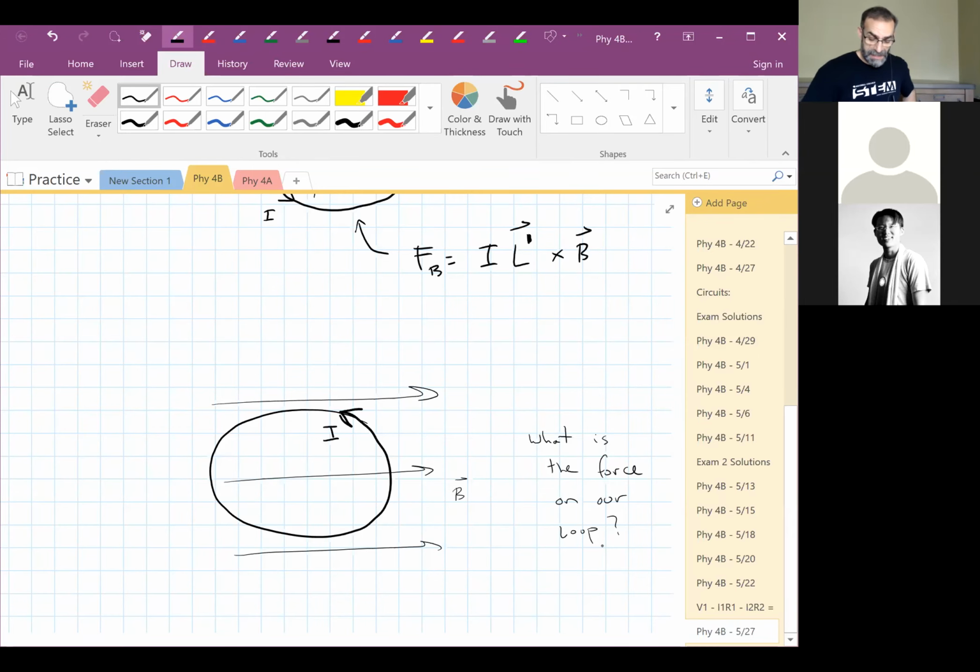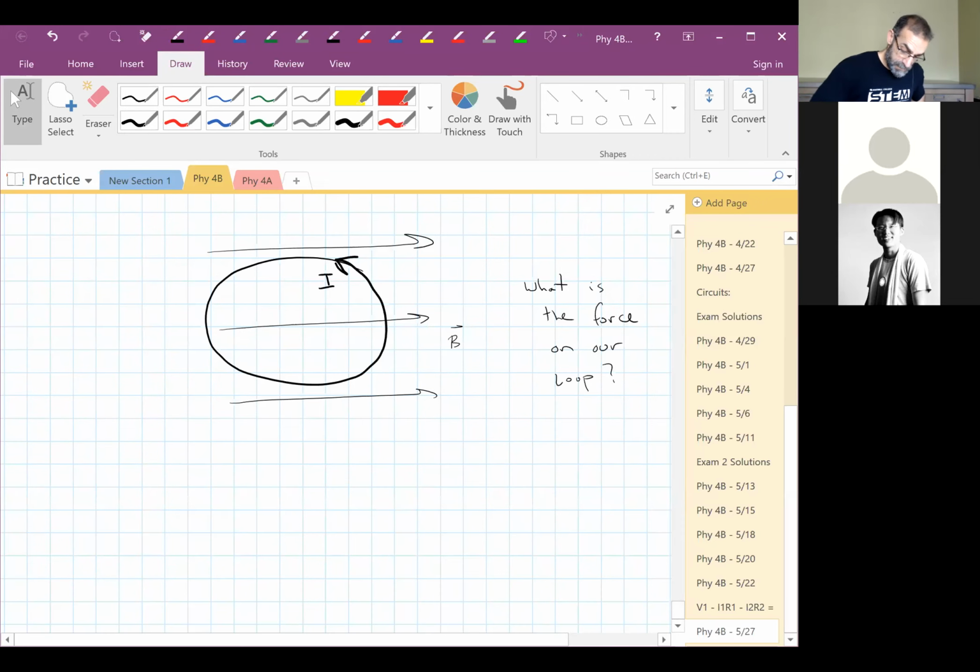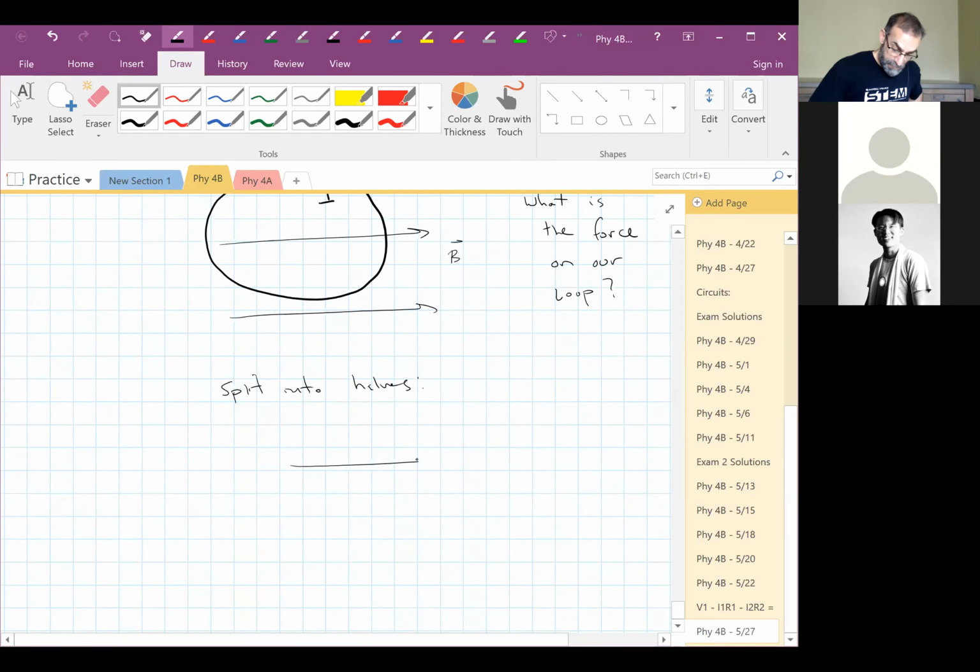This one is going to be 0. And you could see that by breaking the loop up into two halves, right? The lower half, you've got your lower half doing something like this, and your upper half. I'm going to get rid of this thing in the center here. Hold on.